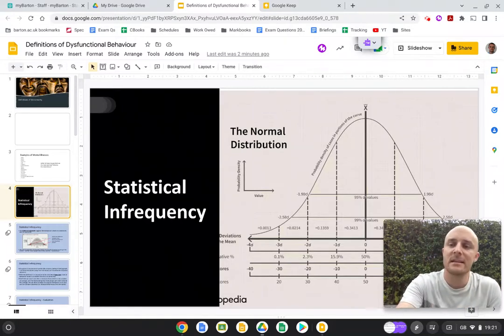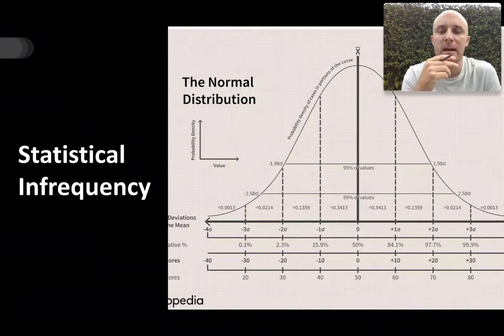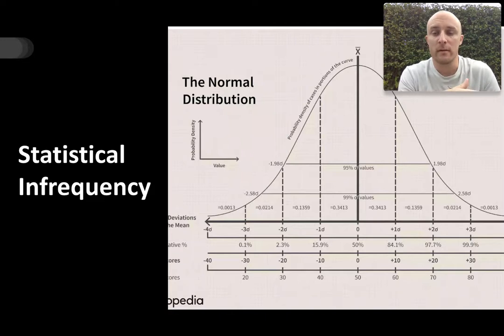And as you can see, the first slide on here is what we call statistical infrequency. What you can see in front of you now is what is called a bell curve. Statistical infrequency, if you strip back the name of what it means, it's essentially looking at something that is infrequent. It says that a behavior is considered abnormal if it is statistically rare, as in it doesn't happen that much.